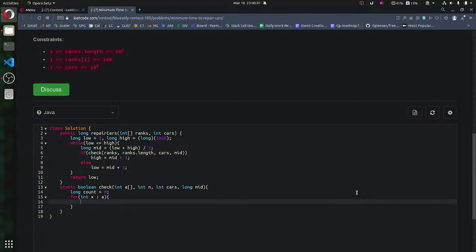The number of cars assigned to the ith mechanic depends on the root value, that is number of minutes available divided by the rank of that mechanic.